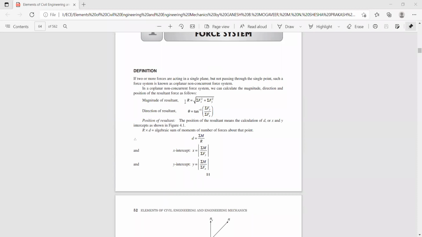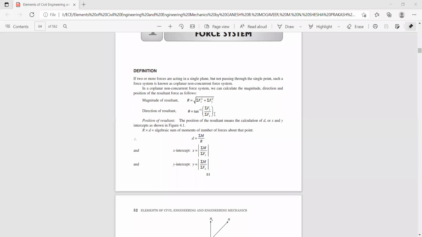Once you have these, you can calculate the magnitude of the resultant using R equals the square root of sigma F of x squared plus sigma F of y squared. Then find the direction of the resultant: theta is tan inverse of sigma F of y by sigma F of x.